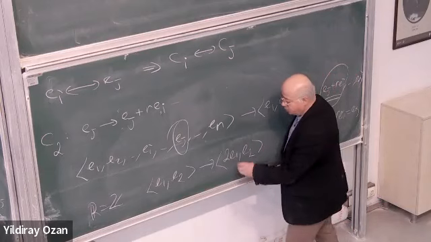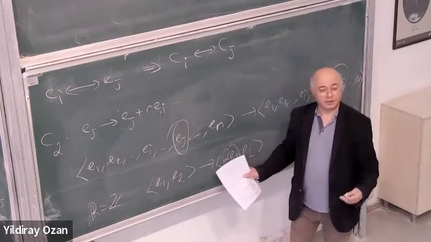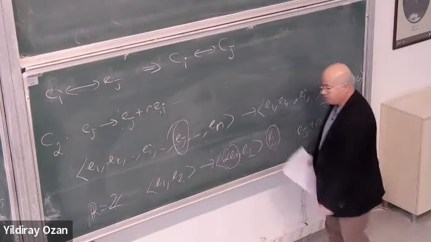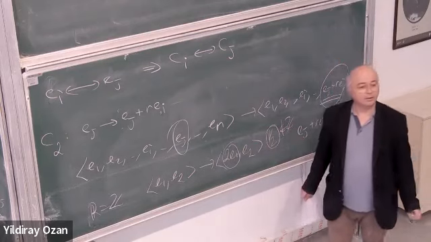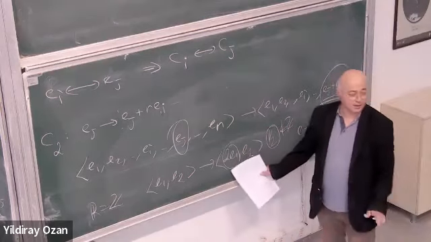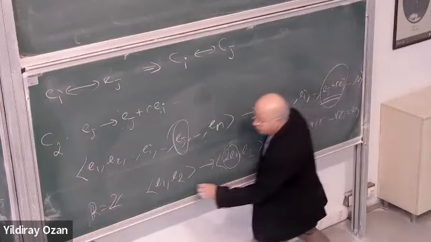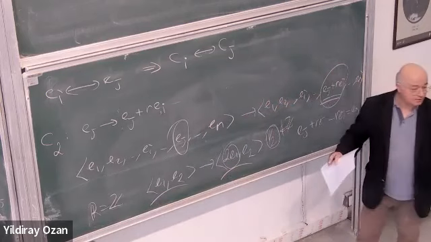Right? What is the inverse? You have to divide this element by 2. But that means you have to multiply by 1 over 2, and 1 over 2 is not an integer. Okay? So this operation is not acceptable. The module generated by these two elements and these two elements are not the same.